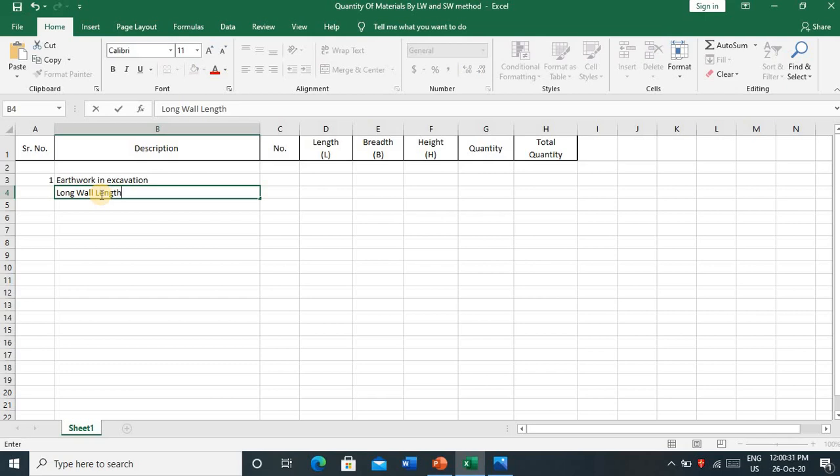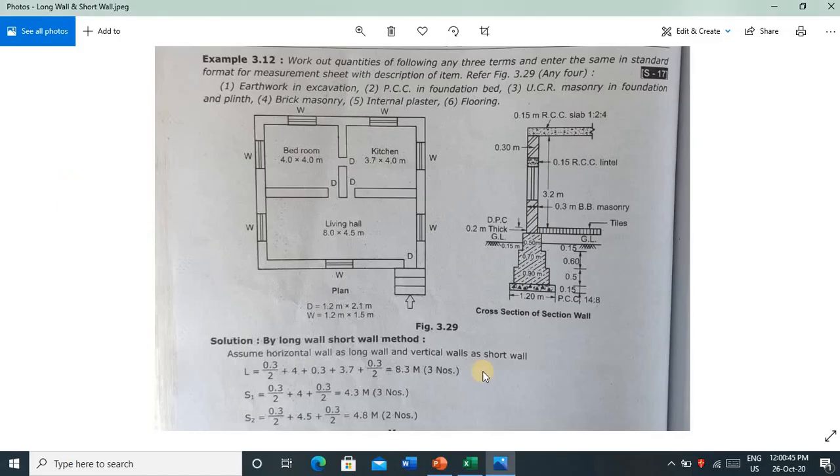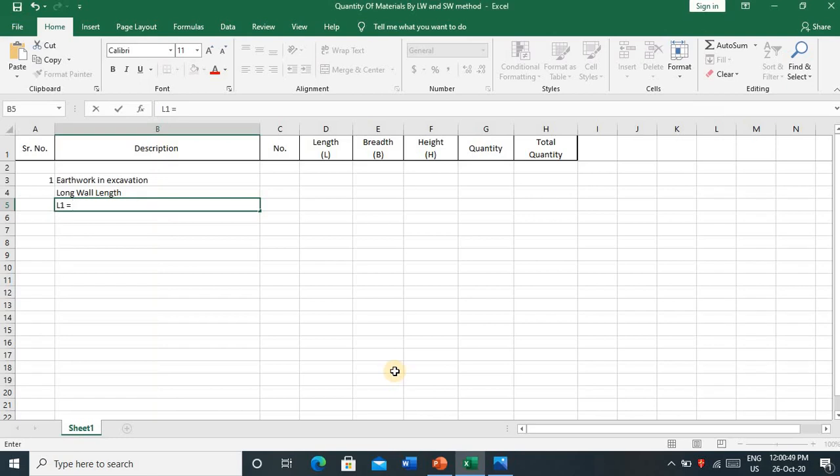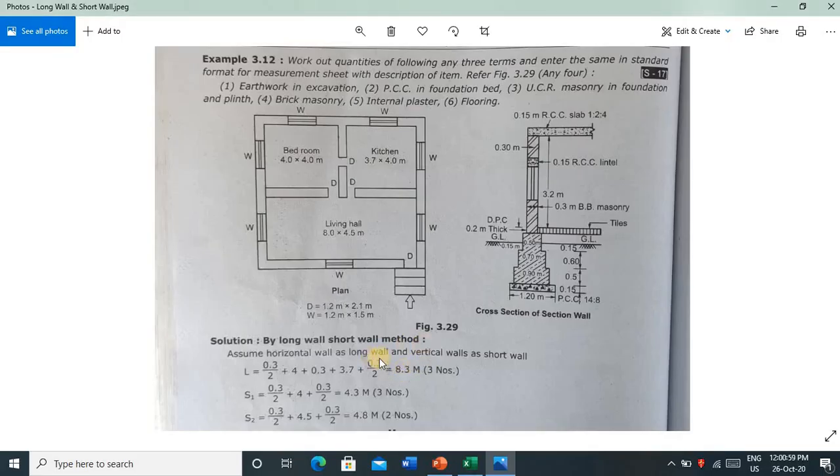How we will calculate this, you will see now. L1, you can name it as L1, which is equal to, what was the long wall length? See, 8.3 meter. 8.3 plus width of an item.